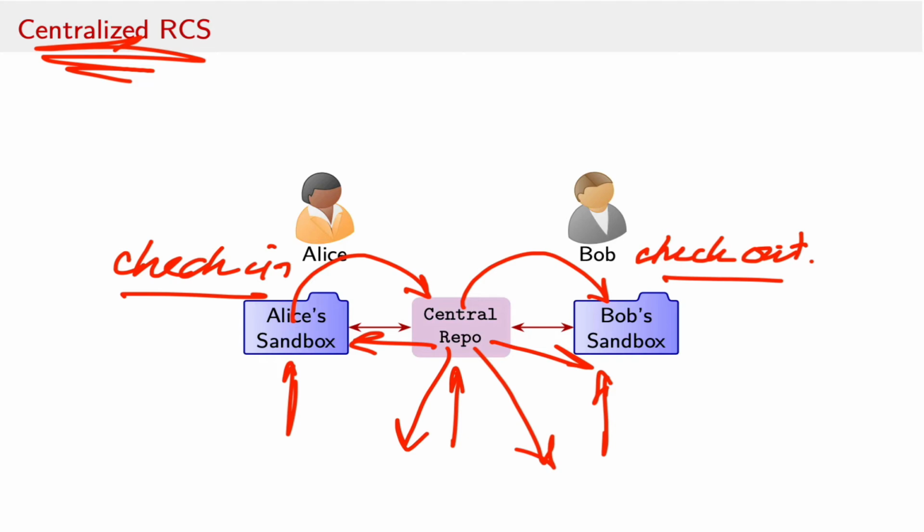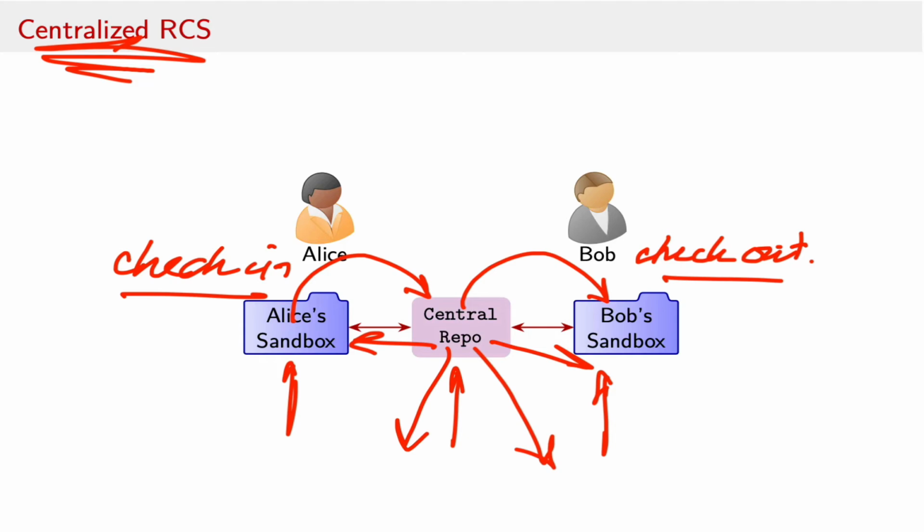But when you do a checkout, all you get from these systems is the latest version of all the files. Now that's normally fine, but if you want to go back in history and look to see what's changed between two different revisions, you're going to have to go back to the revision control system and ask it for some additional information about previous versions of that file, which means you're going to have to connect back to the revision control system. Now, again, in many cases, that's not a problem.